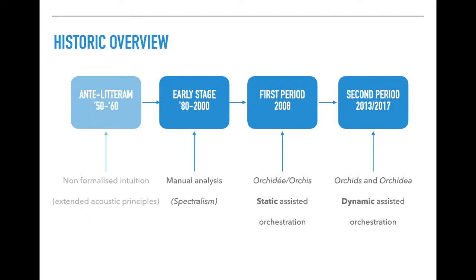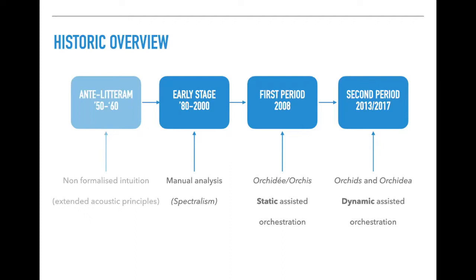Static meaning that you have sounds that are not changing in time and you orchestrate these sounds. A major outcome from this period was the piece, again by Jonathan Harvey, Speakings. There are papers on this piece that explain what they did. And Gilbert is here, and he was part of it, so he can maybe add something later.